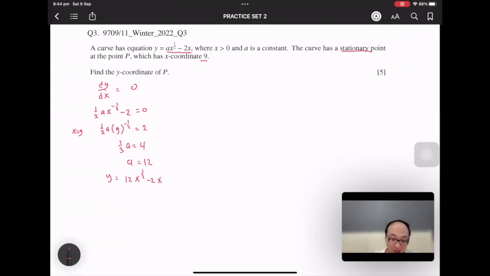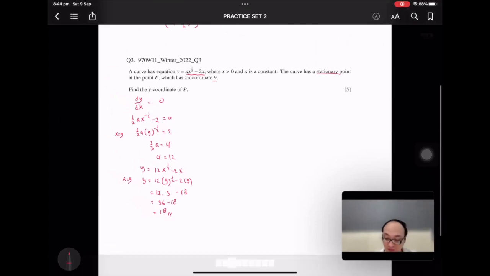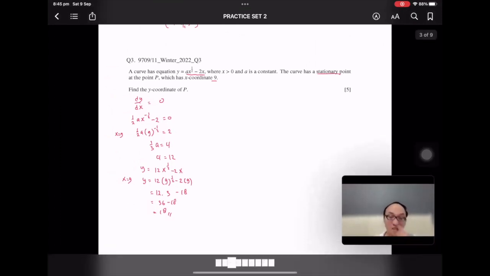And then put the x coordinate in again. y equals to 12 times 9 to the half minus 2 times 9, equals to 12 times 3 minus 18. So 36 minus 18 equals to 18. That's number 3.